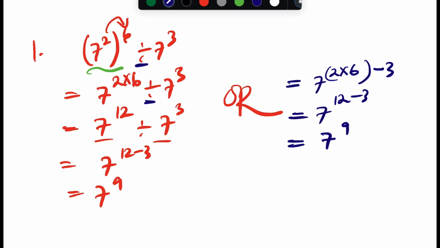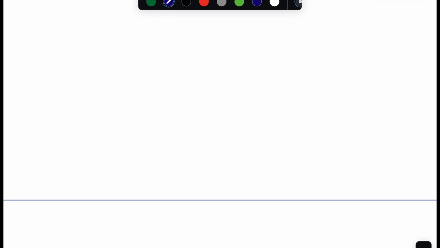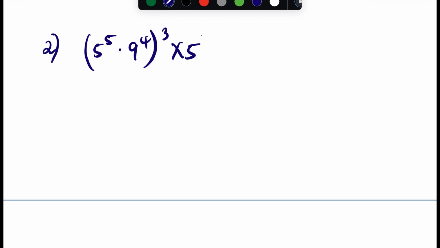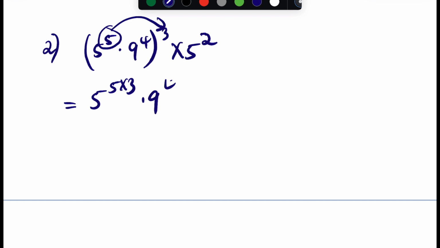And then let me do the last example. The very last example. So it's going to be 5 to the power 5 times 9 to the power 4. We've done that, but now there's an additional factor. So what we do here, we'll say 5 to the power 5 times 3, and then 9 to the power 4 times 3, and then times 5 to the power 2.